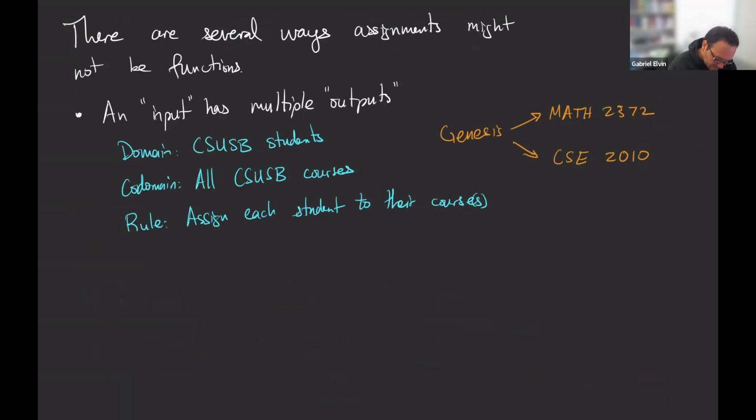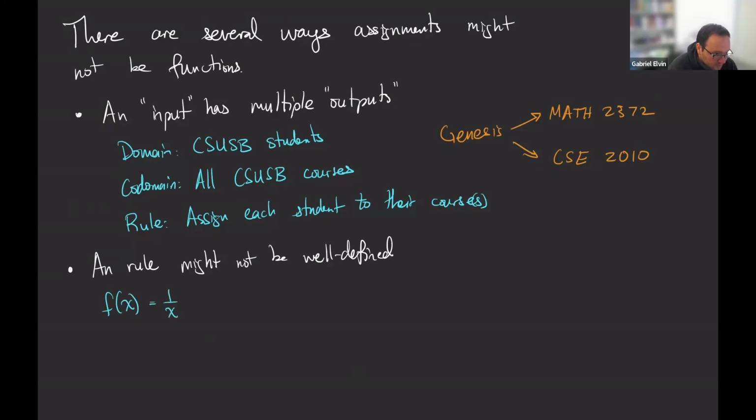Another way that something might not be a function would be if a rule might not be well defined. An example would be an algebraic function, f of x equals 1 over x.